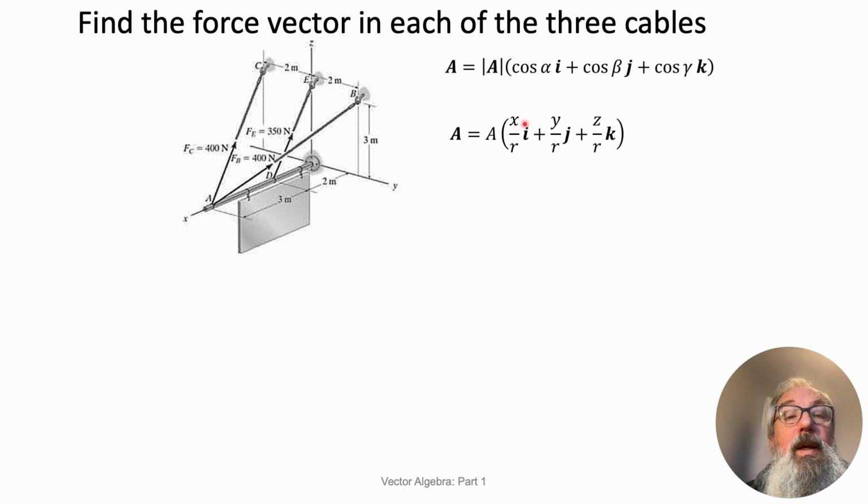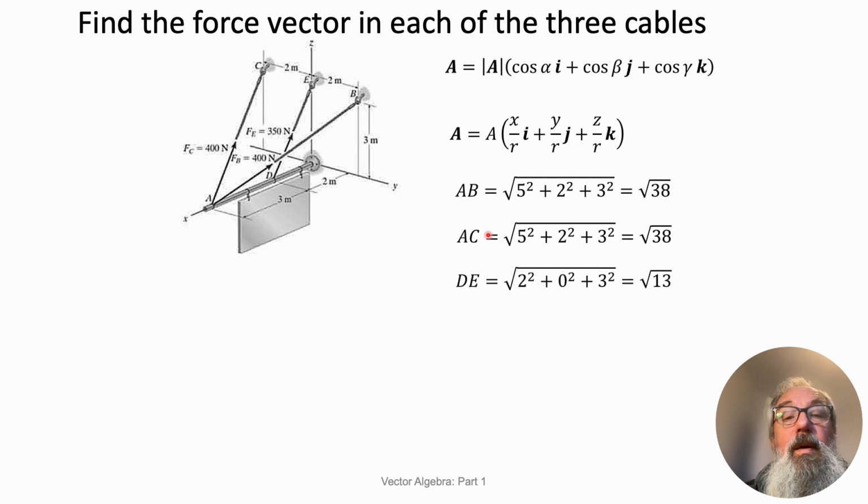So cosine of alpha is x over r, where r is the length. So we can write that the magnitude of AB is root 38, AC is root 38, DE is root 13, so those are the three magnitudes, lengths.